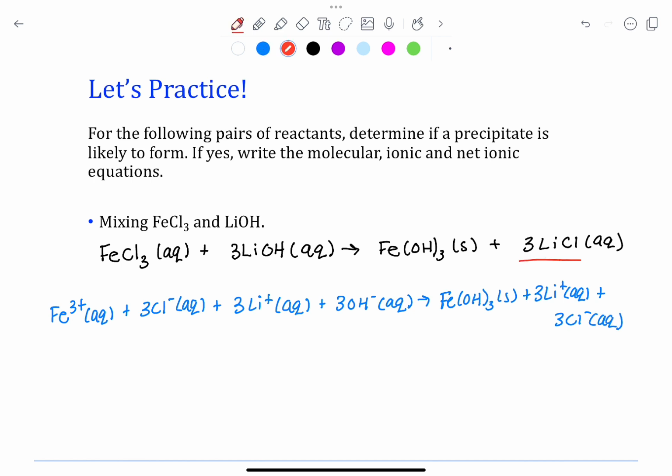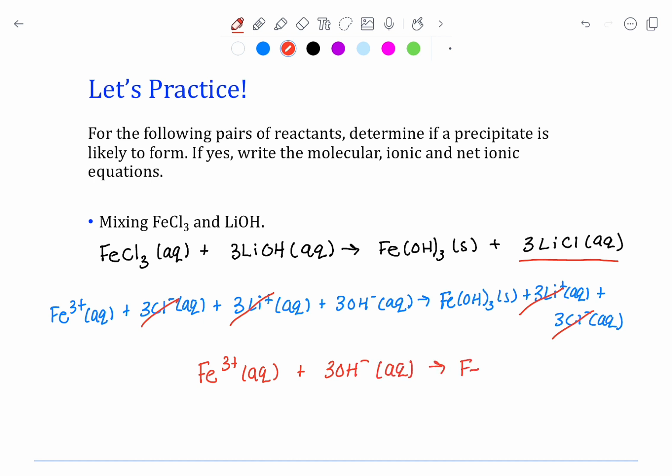And we know from our aqueous product that lithium and chloride are going to be our spectator ions, so our net ionic equation is going to be iron 3+ AQ plus 3 OH- AQ goes to iron hydroxide solid.